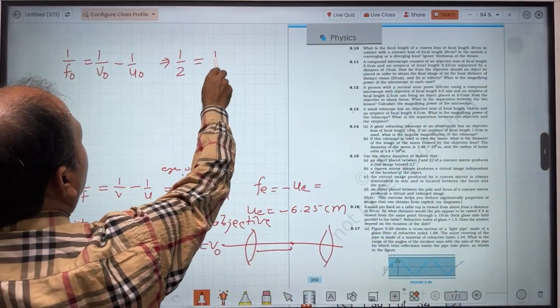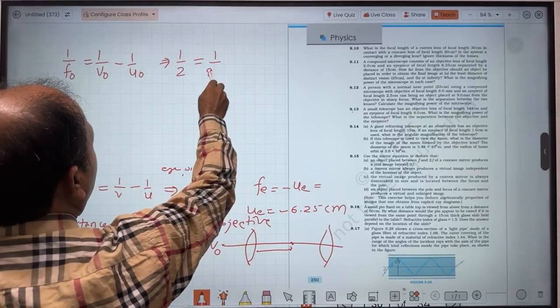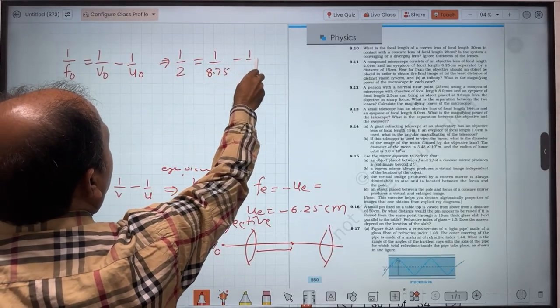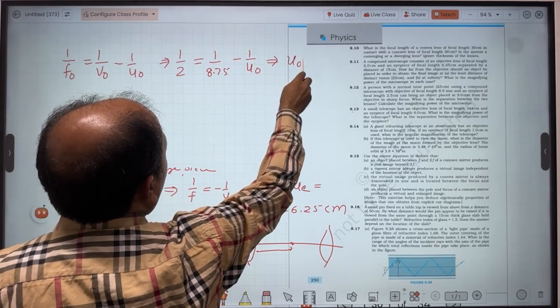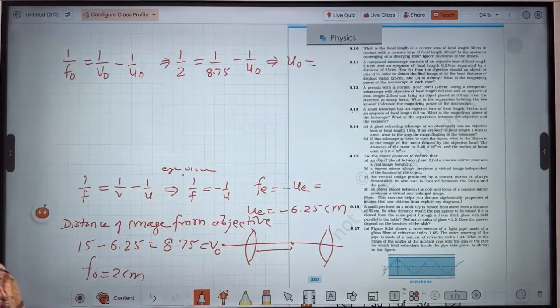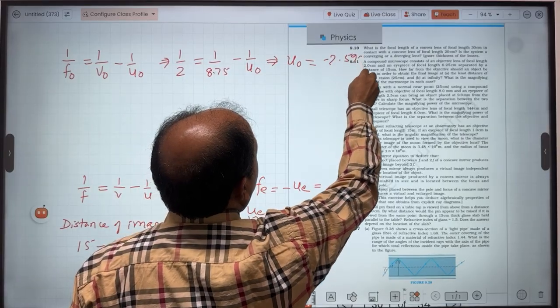So 1 upon VO, we have got as 8.75 minus 1 upon UO. So we can evaluate UO this time again. So UO will be minus 2.59 centimeter.